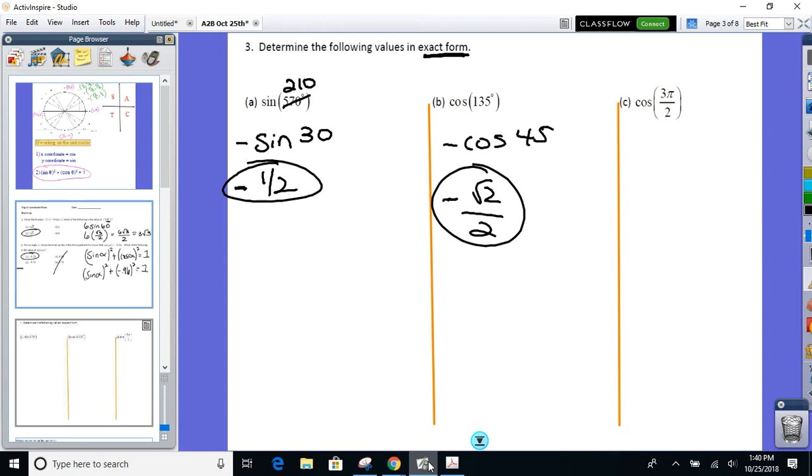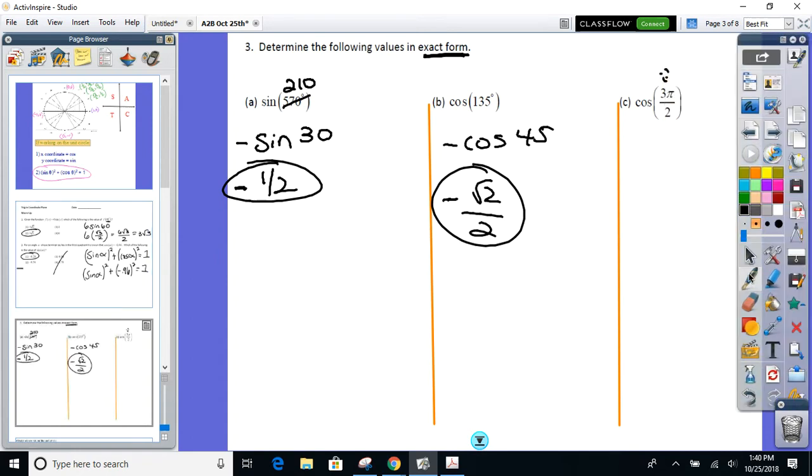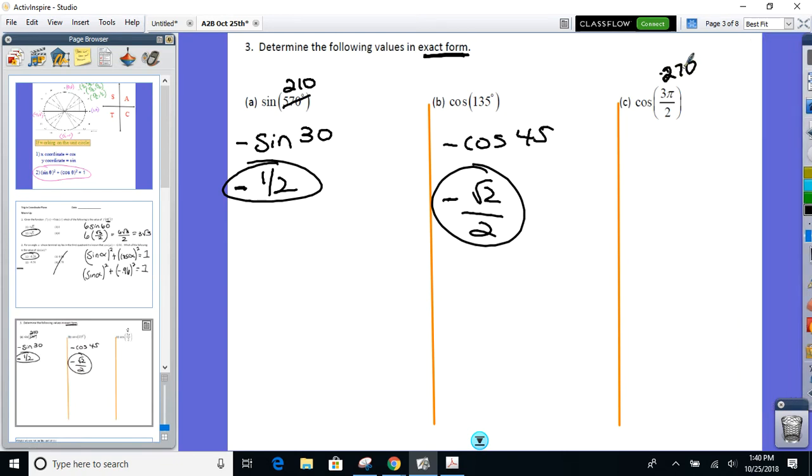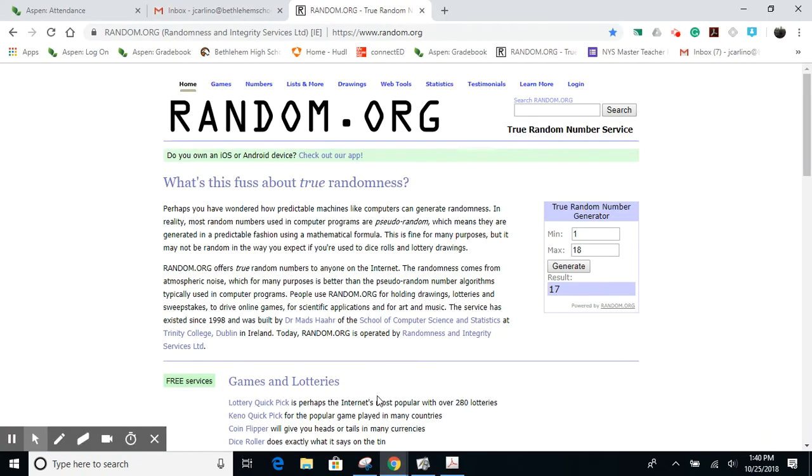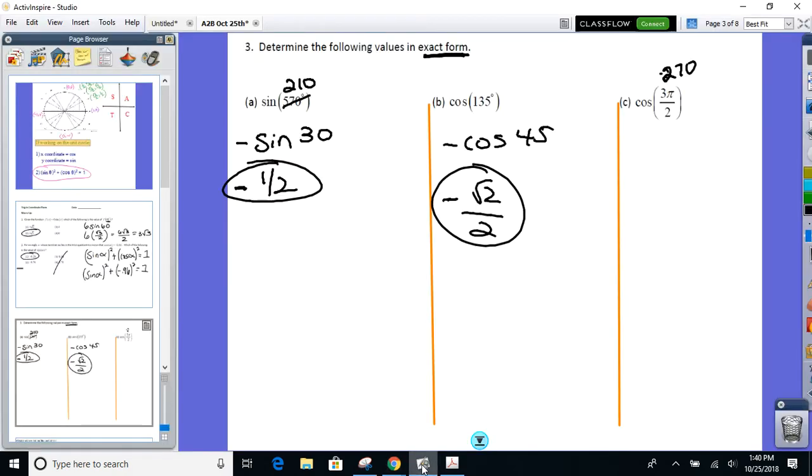Go another 45. 90 times 3. Where am I? You got it. Cosine of 270 now. Ooh, where's 270? Where's 270? Come on, use the big word.